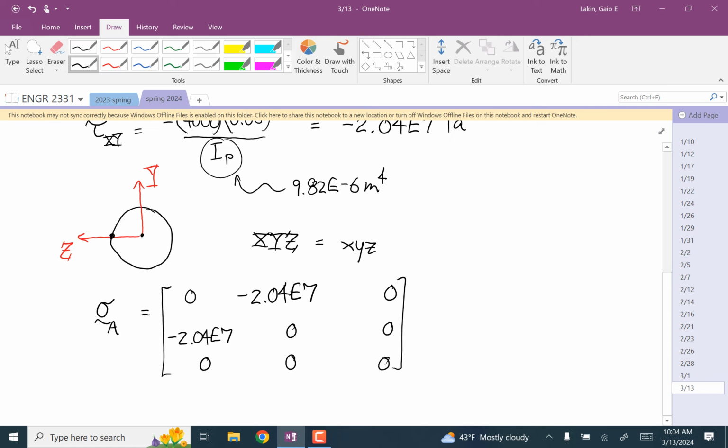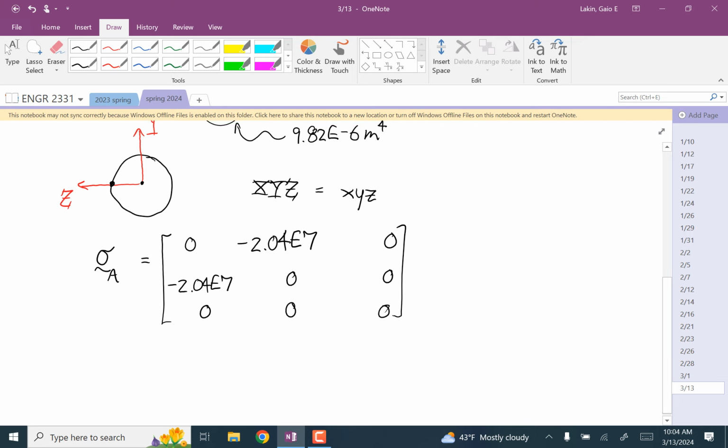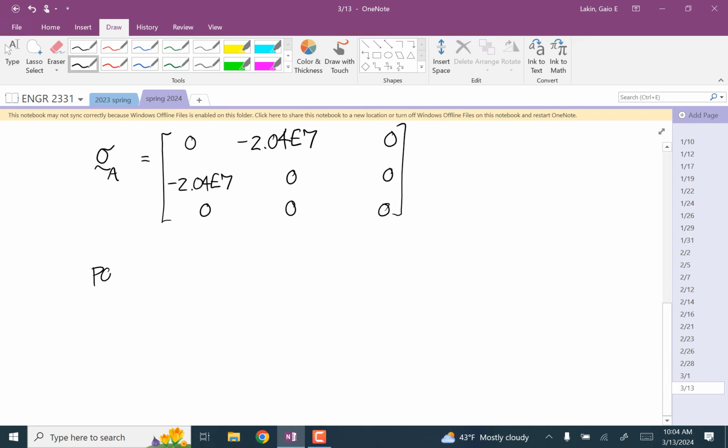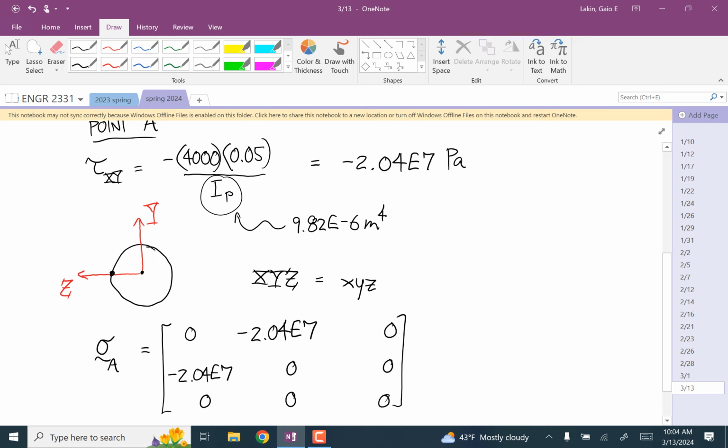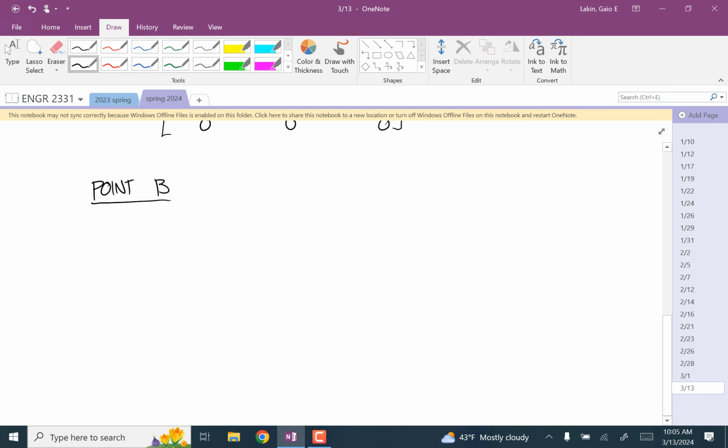times 10 to the 7, 0, negative 2.04 times 10 to the 7, 0, 0. Okay? So now we're going to do the point B. So here's our cross section, and we want to calculate the stress at that point B. We need our temporary coordinate system, our capital coordinate system, to have the Z-axis go from the center through the point.